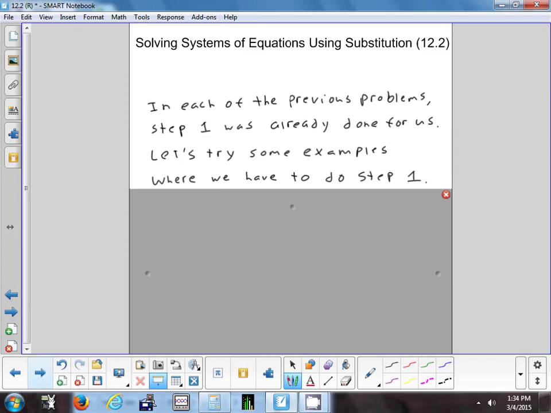Understand? Got me? Good. The example on the test is not just write the answer. It's show the work, write the answer. As long as you copy down what I put on the board, that's all you need.